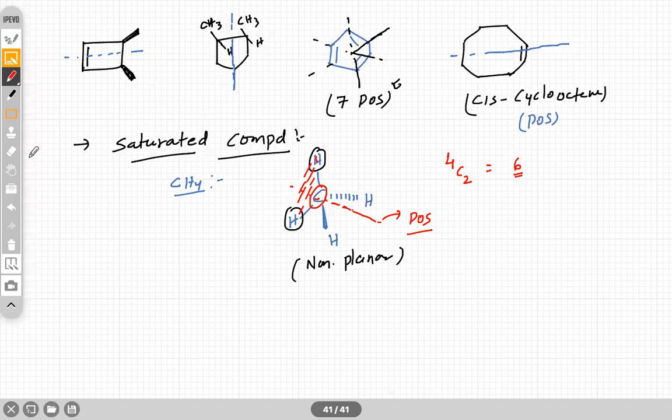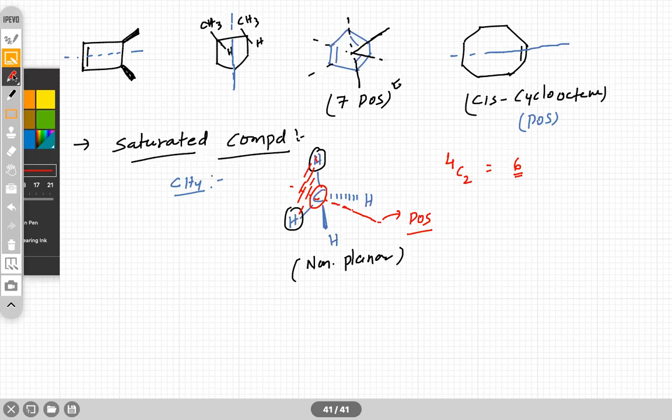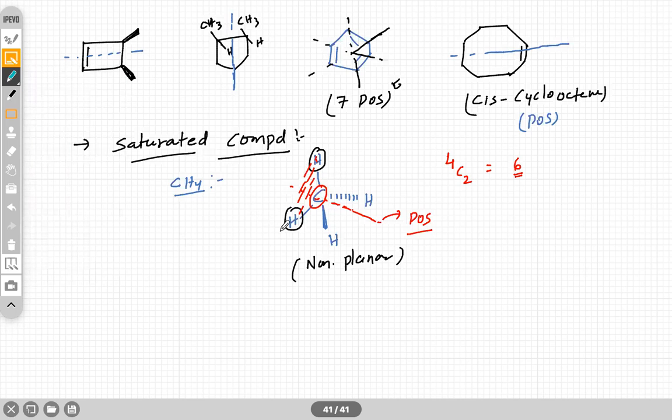If you number these hydrogen atoms like 1, 2, 3, 4. So 1 can associate with 2, 1 can associate with 3, 1 can associate with 4. Okay, 2 can associate with 1, 2 can associate with 3, 2 can associate with 4, right? 3 can associate with 1, 3 can associate with 2, and 3 can associate with 4. Okay, these are the possible combinations we have, but this one we already counted.